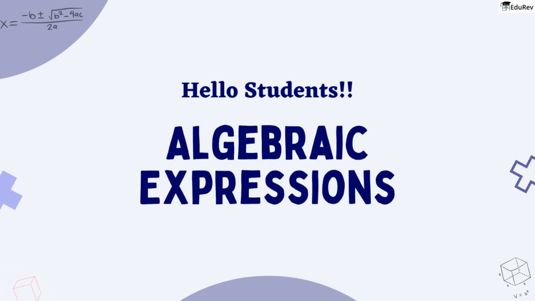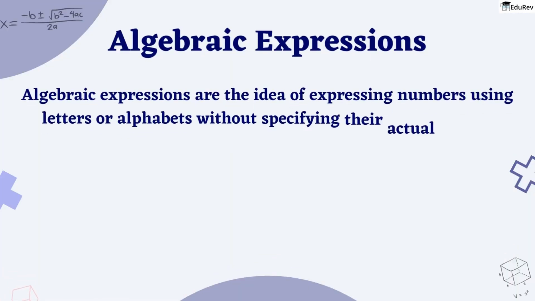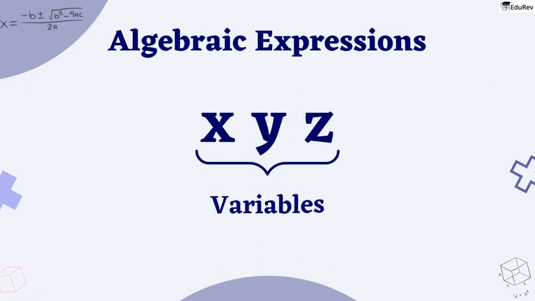Let's first quickly recap. Algebraic expressions are the idea of expressing numbers using letters or alphabets without specifying their actual values. The basics of algebra taught us how to express an unknown value using letters such as x, y, z, etc. These letters are called variables.